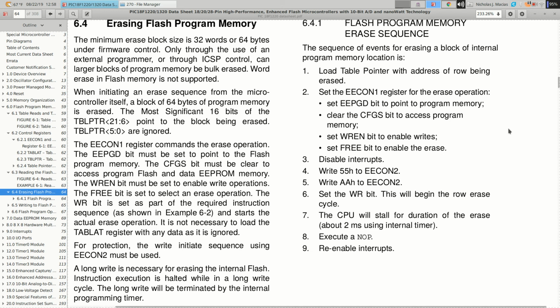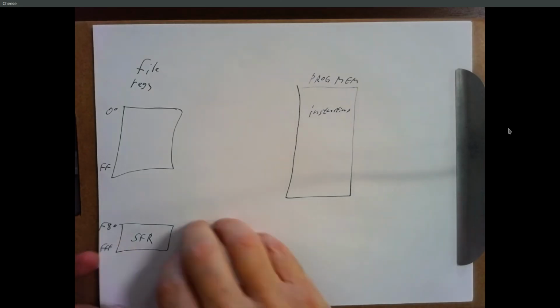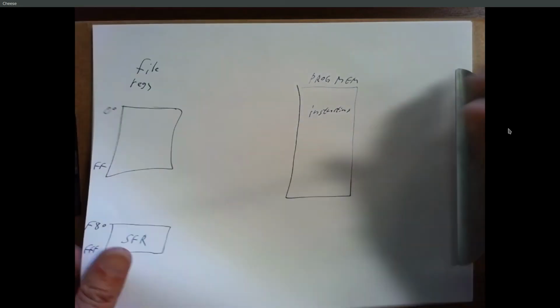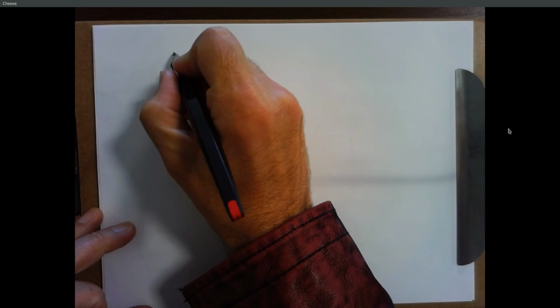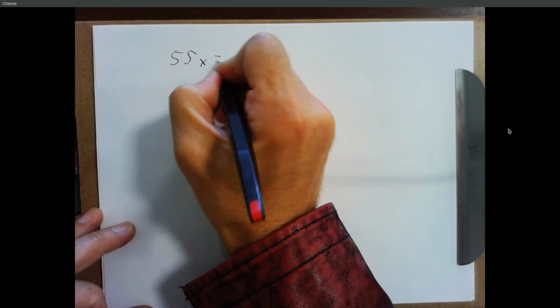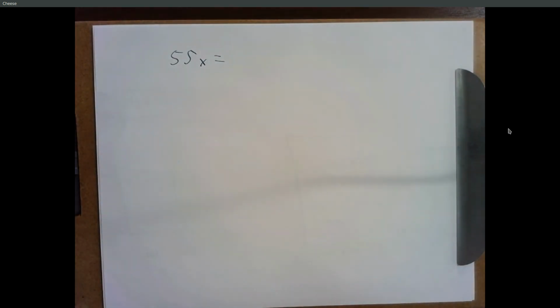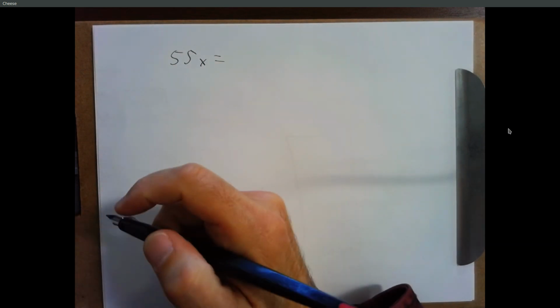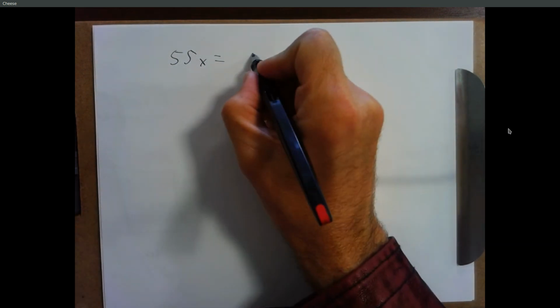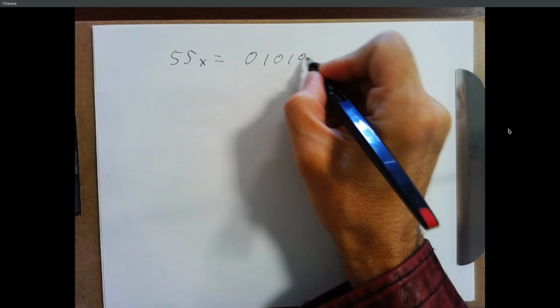So what's magic about 55 hex and AA hex? This is something that you get for free in here. What's 55 hex look like in binary? 0, 1, 0, 1, 0, 1, 0, 1.